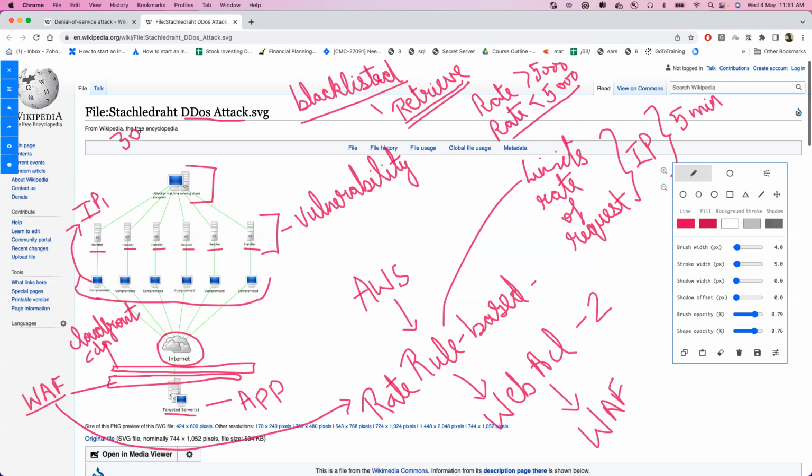Because it has a time period of 30 seconds, you have to put some limit where you set a certain threshold.